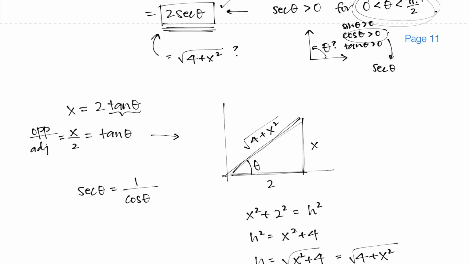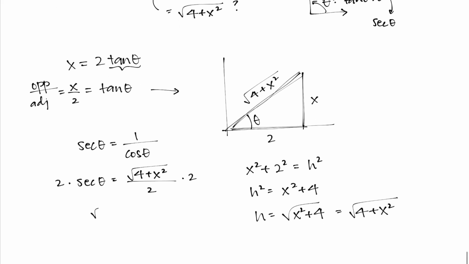And if cosine is the adjacent over the hypotenuse, then the secant is going to be the hypotenuse over the adjacent. So secant of theta here is going to be the square root of 4 plus x squared over 2. If I multiply both sides of my equation by 2, then the expression that I was originally dealing with is, in fact, equal to what we determined that it would be equal to. So our solution checks out.